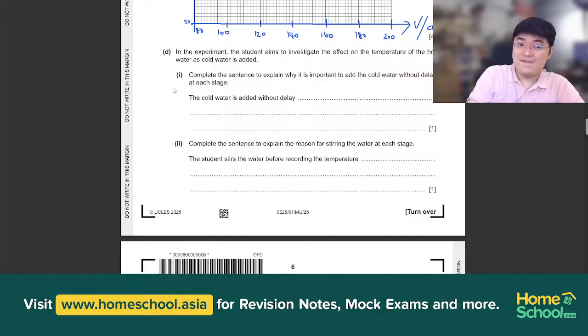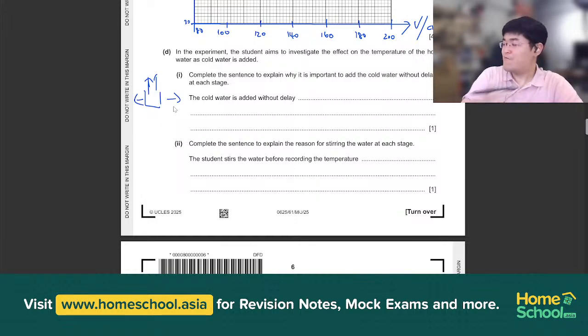Because if you leave the hot water out like this, the heat will dissipate. The heat will be passed on to the surroundings, and your reading will not be very accurate anymore.